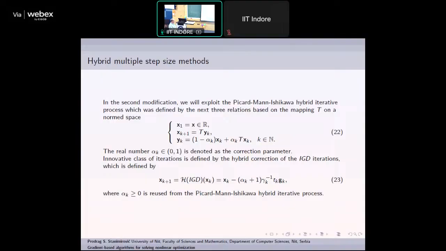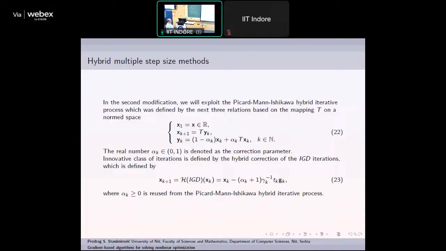Another idea was to use the Picard-Mann-Ishikawa hybrid iterative process and obtain some improvement of the nonlinear optimization method. Put, instead of the arbitrary mapping T, the iterative rule for nonlinear optimization.